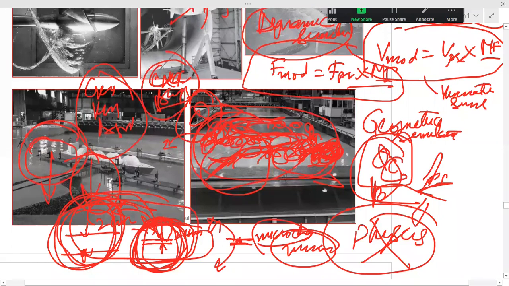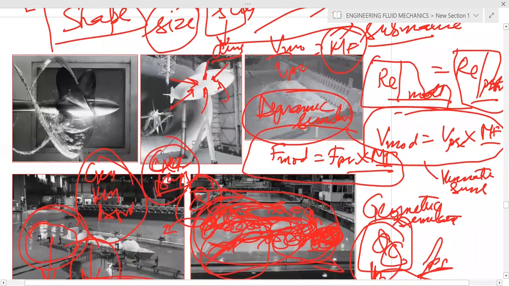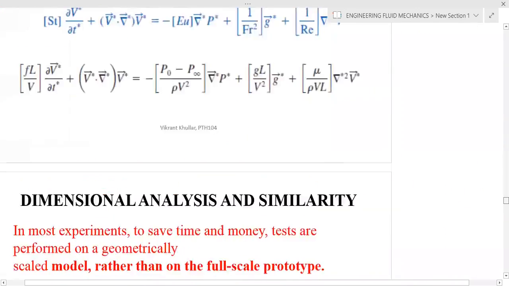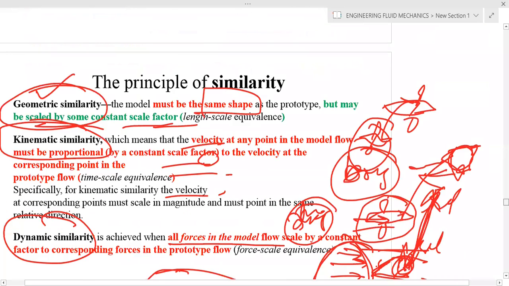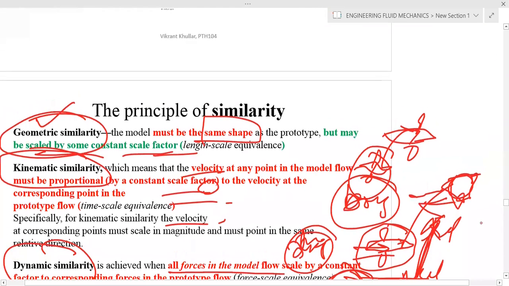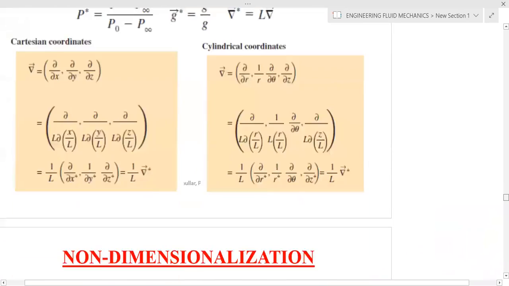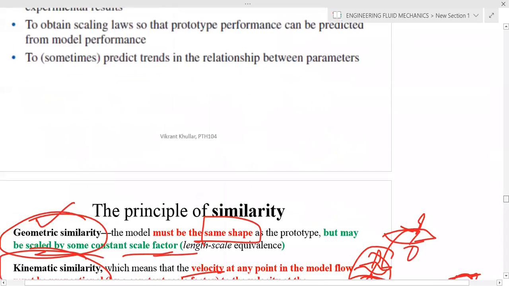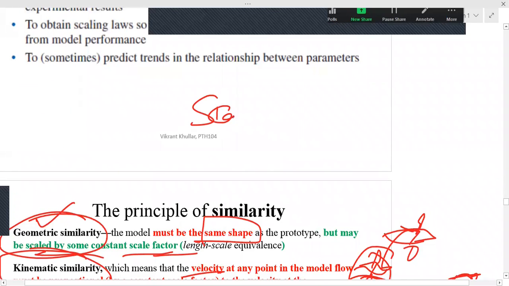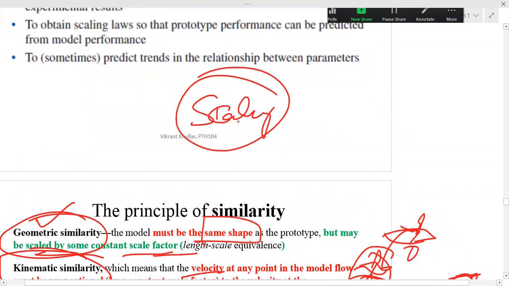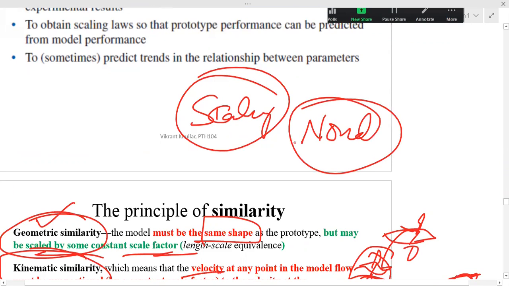हाँ जी, क्लियर है? यस सर. So now I'm coming to, so we have identified that first thing, if we want to actually neglect certain terms in the Navier-Stokes equation, we want to do scaling analysis, and scaling analysis involves neglecting certain terms. And in neglecting certain terms, we need to first non-dimensionalize the equation.